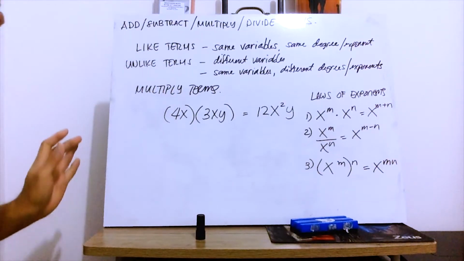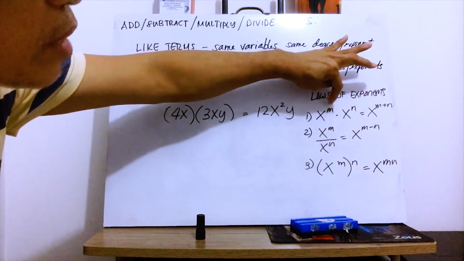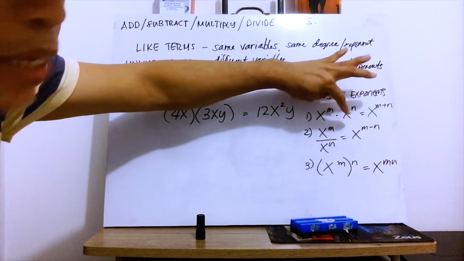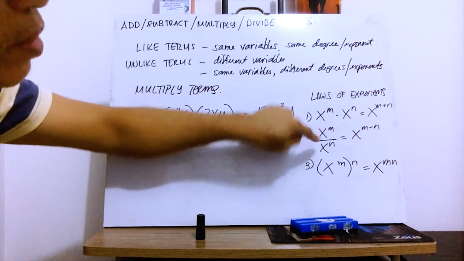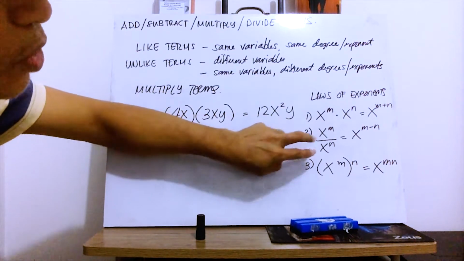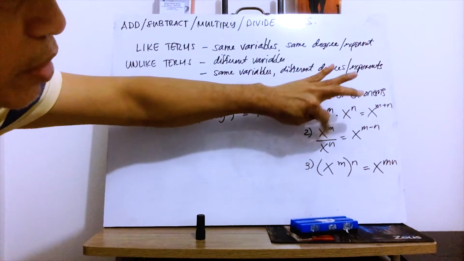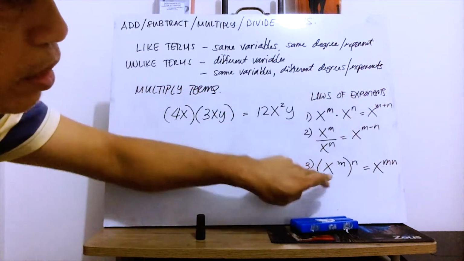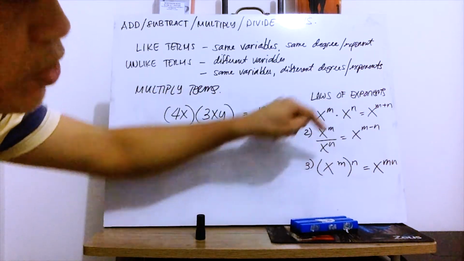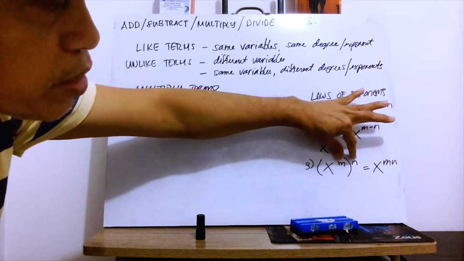There. So here you add, if you have two unlike terms, same base, you add exponents. If you divide two terms, same base, different exponents, just subtract. And when you raise a term having an exponent with another exponent, just multiply the two exponents.